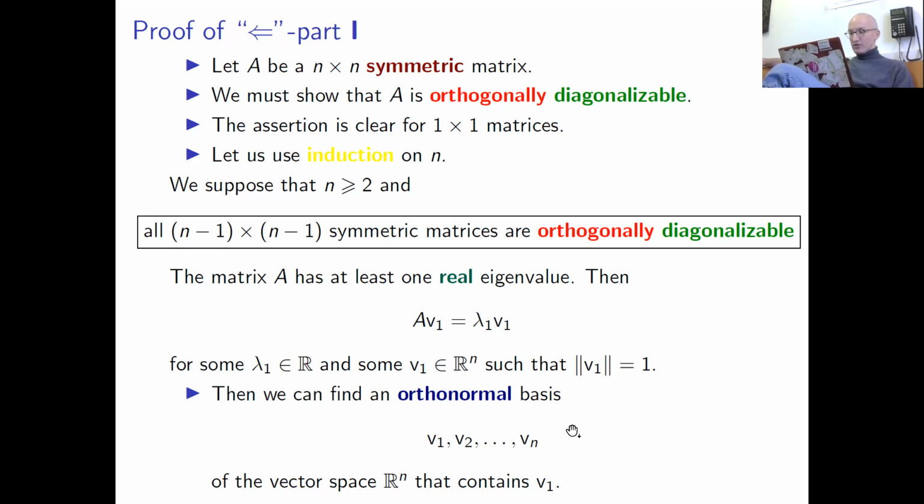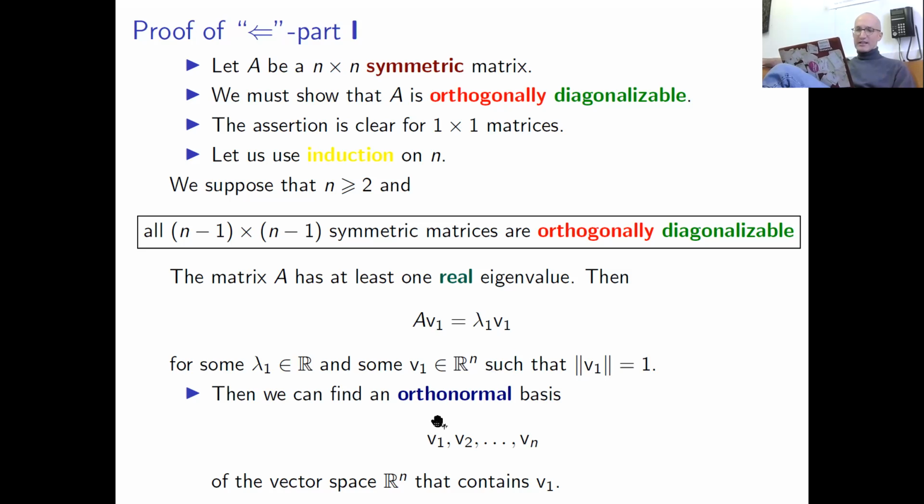Okay, good. So now we want to take a look at how the linear operator which corresponds to the matrix A, the Gothic T_A we used, looks in this basis.